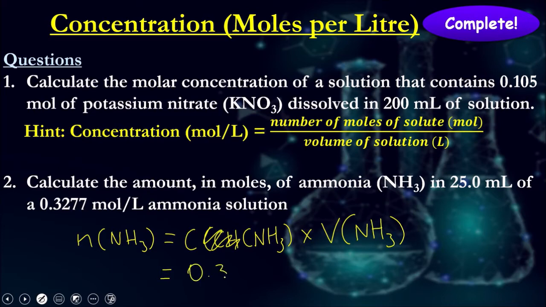The concentration is 0.3277. Notice that the volume is 25 milliliters. We need to convert that into liters. So you do divide it by 1,000. Another way of doing that is just say 25 times 10 to the minus 3.